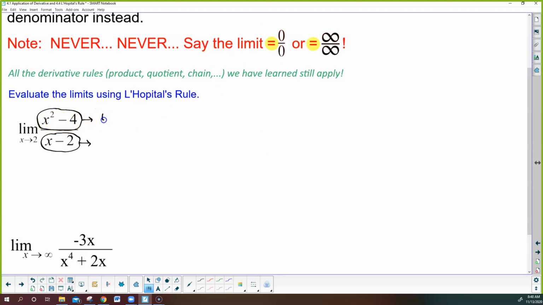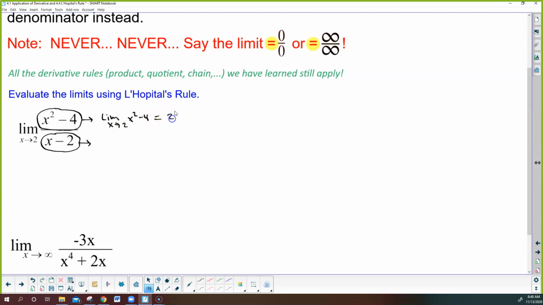You have to rewrite the limit of just the numerator. This is the step that kids often skip. They think, why do I need to do that? Well, according to the theorem or this rule, if you don't put the limit as x goes to 2 of the numerator, then you're not following the first part of this idea.